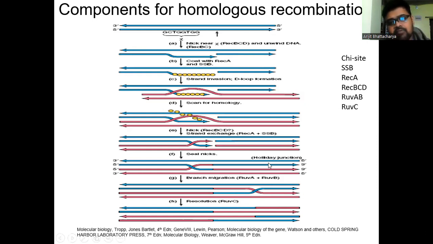So RuvA and RuvB act as a helicase for branch migration, and each of these proteins has its specific role to play in mediating homologous recombination.